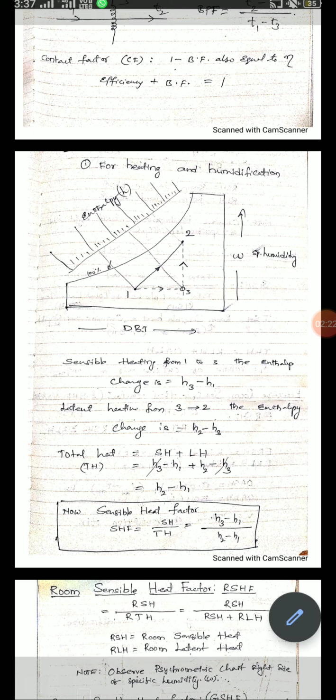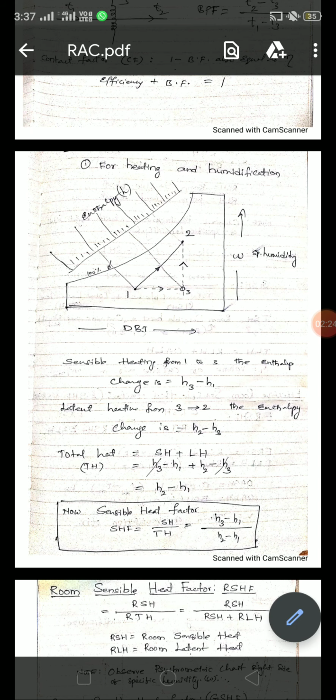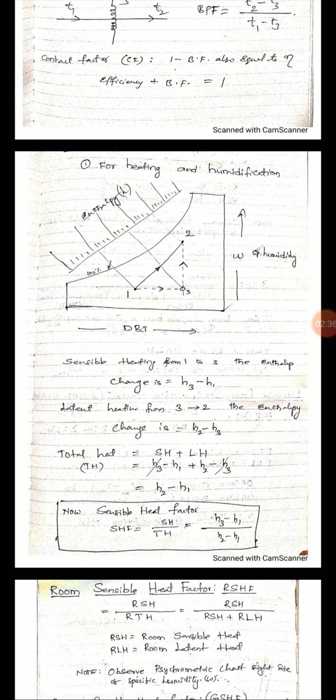Considering latent heat from 3 to 2, the enthalpy change is H2 minus H3. From 3 to 2, the specific humidity is increasing: W3 is less than W2. Here the specific humidity is increasing, that's why it is a heating and humidification process 1 to 2.